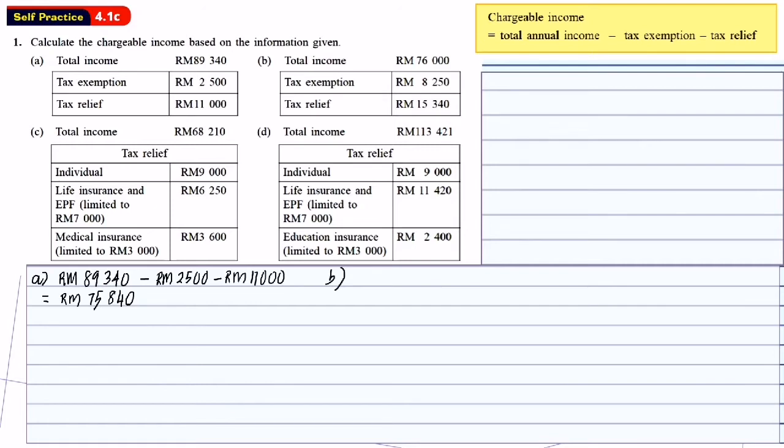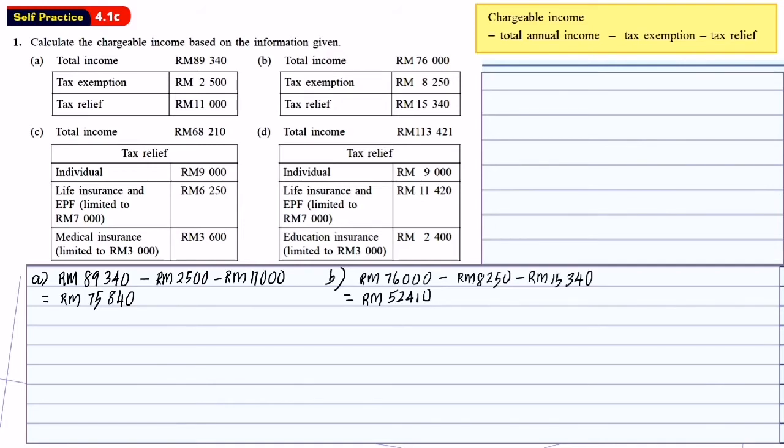Chargeable income equals total income 76,000 minus tax exemption 8,250 and minus tax relief 15,340 equals 52,410 ringgit.